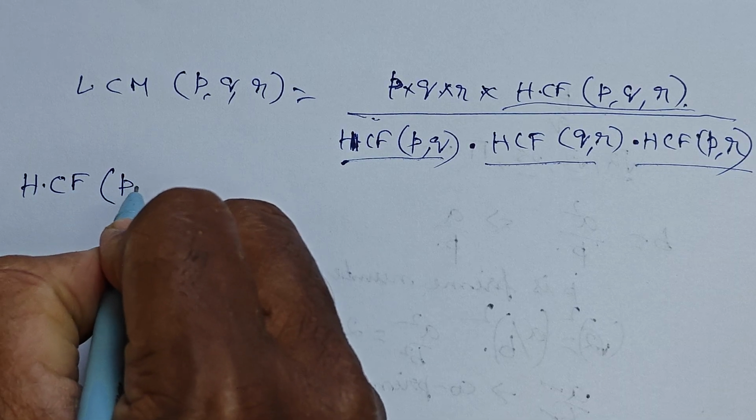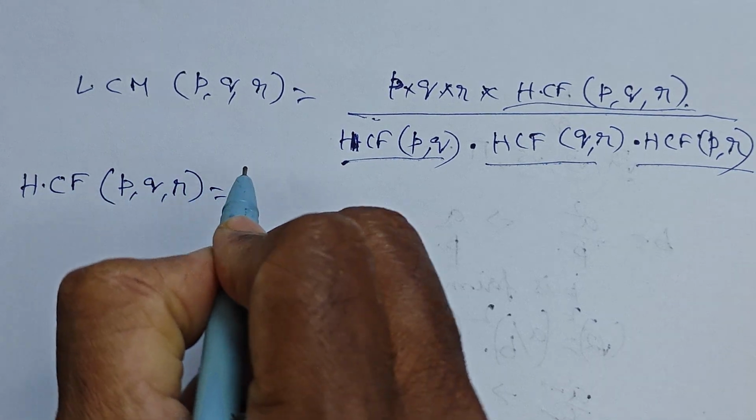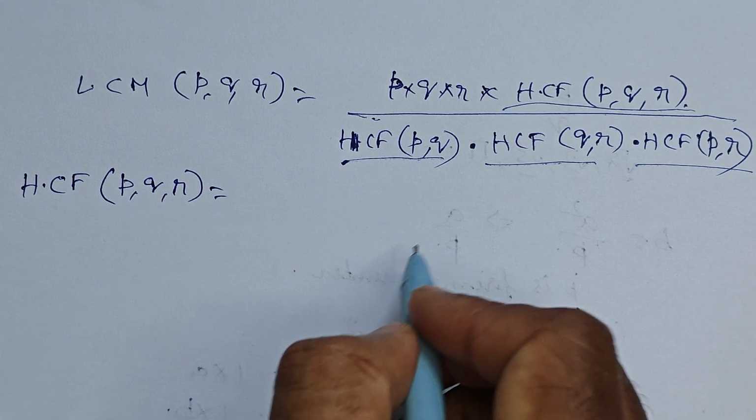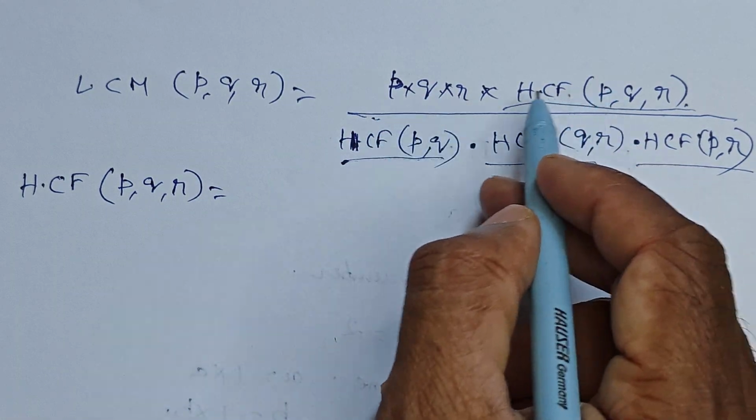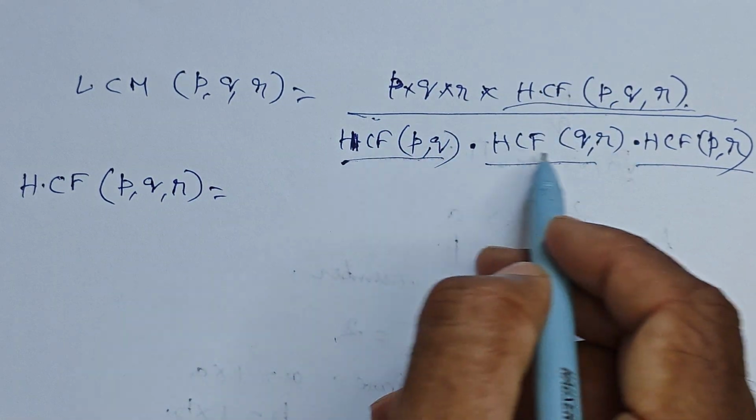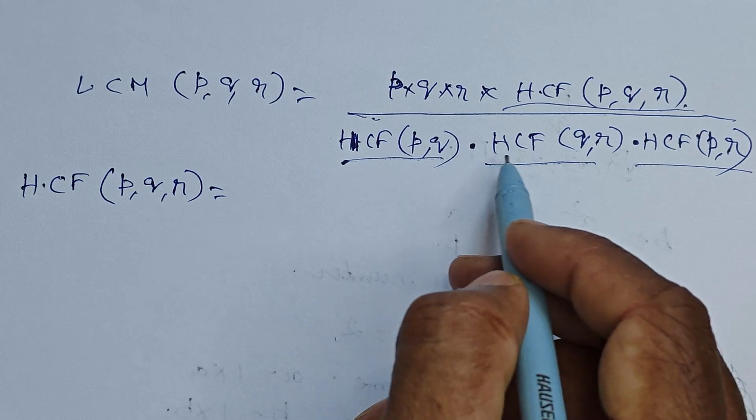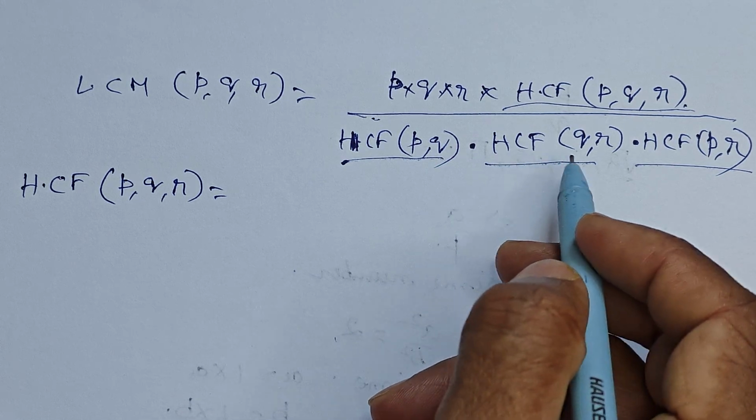Similarly, HCF of P, Q, R, exact same thing. When LCM is given, you find the HCF of the three, and then LCMs of PQ, QR, PR.